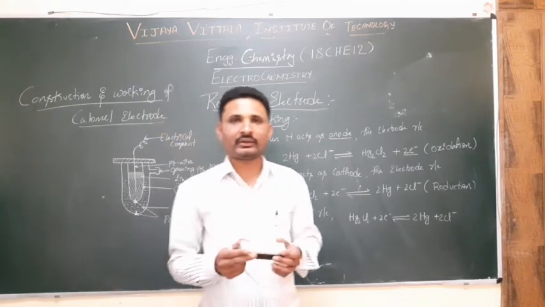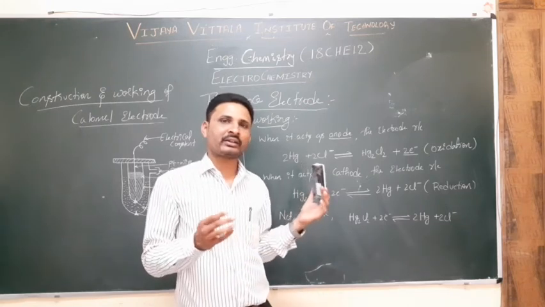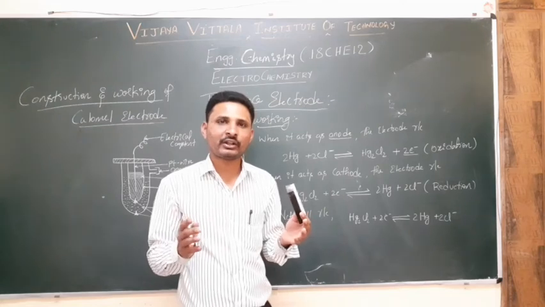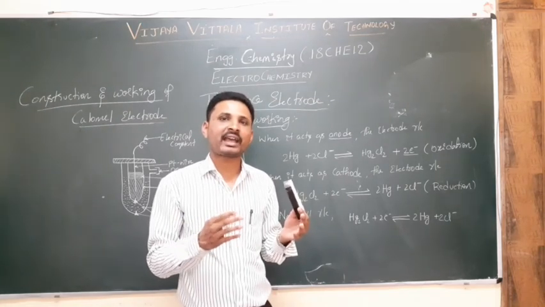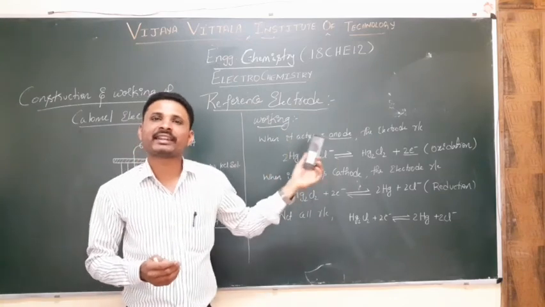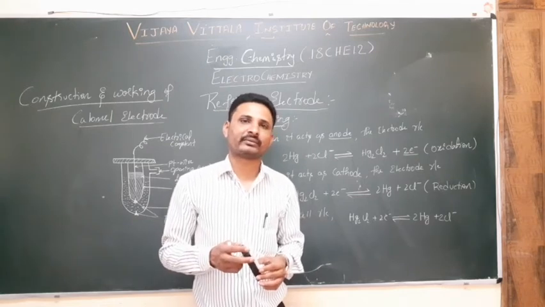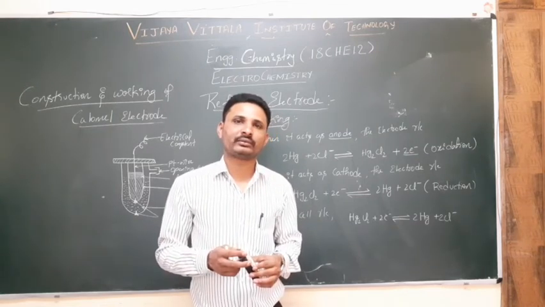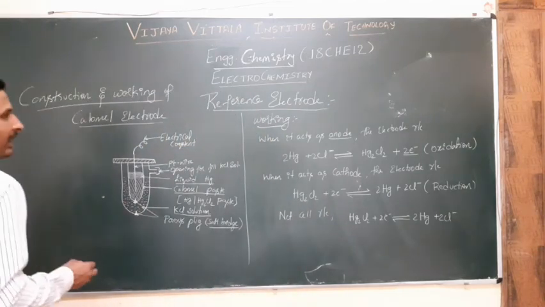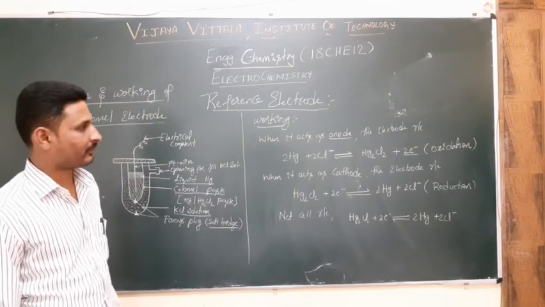Suppose the coupled electrode, the indicator electrode, acts as anode, then this electrode can act as cathode. We'll get a cell reaction. Okay.